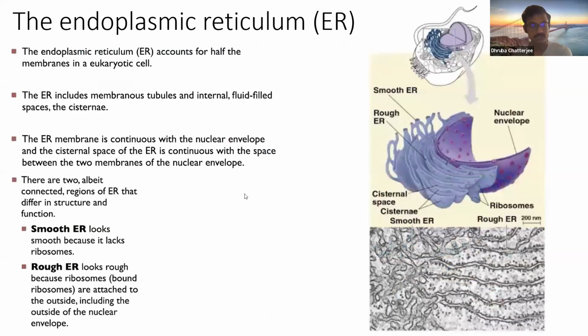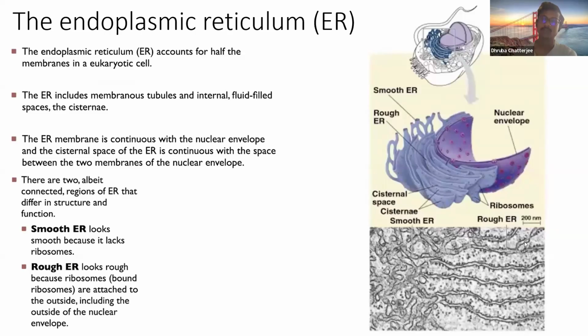As I already mentioned, the endoplasmic reticulum, which is continuous with the double membrane-bound nuclear envelope, is actually a stack of sheet-like membranes, and can be of two different types, a smooth endoplasmic reticulum and the rough endoplasmic reticulum, depending on whether the ribosomes are bound to the endoplasmic reticulum or not.